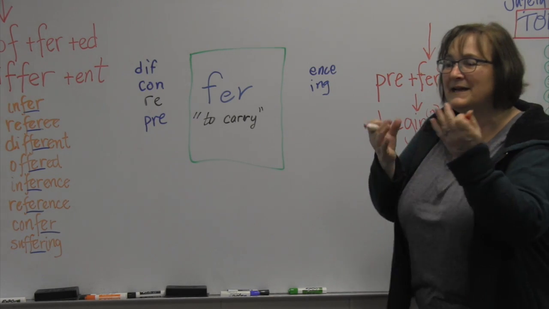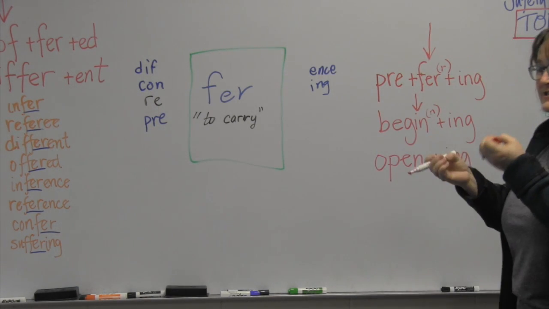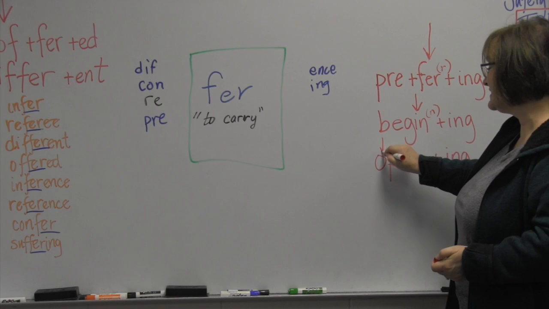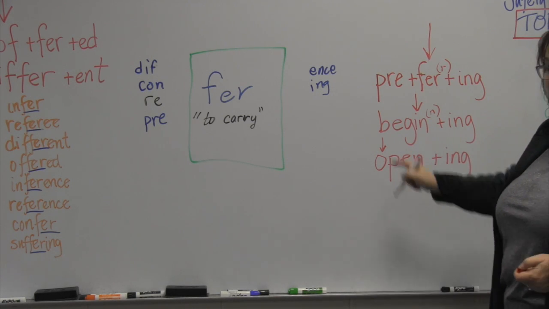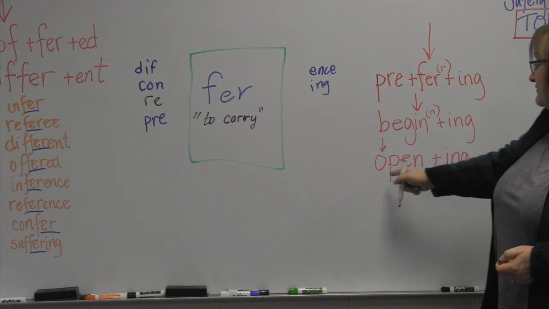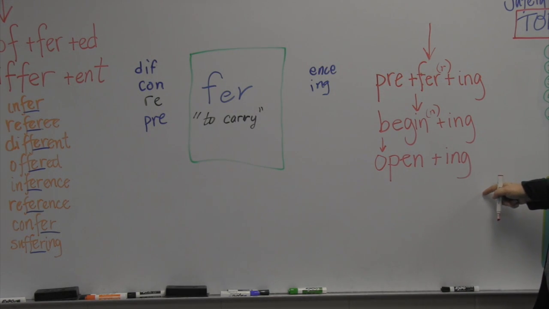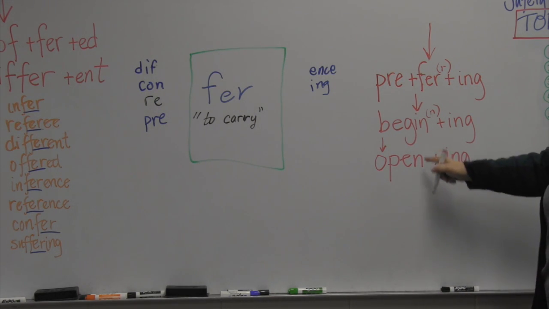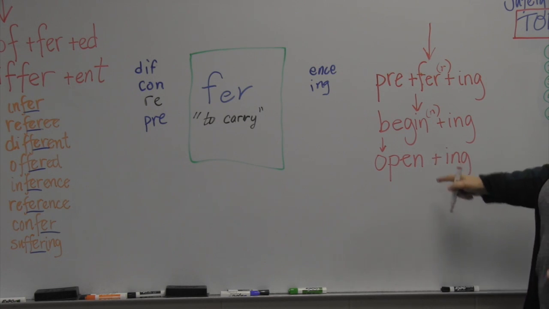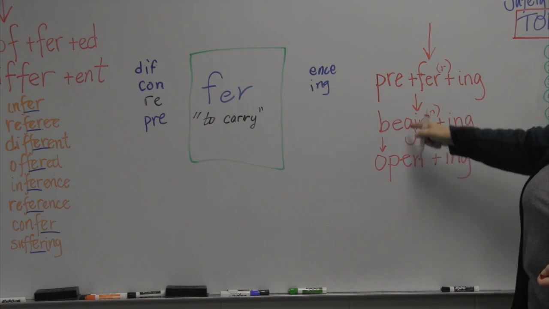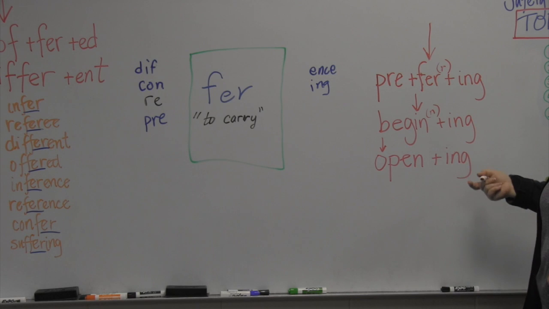Right. So when we purposefully switch the stress, we can clearly see that this is the way we pronounce this word, and that's where the stress is. And so if the stress is on the syllable farthest from the suffix, we aren't going to be doubling that N. We are going to double it here. The stress is here, close to the suffix. So cool.